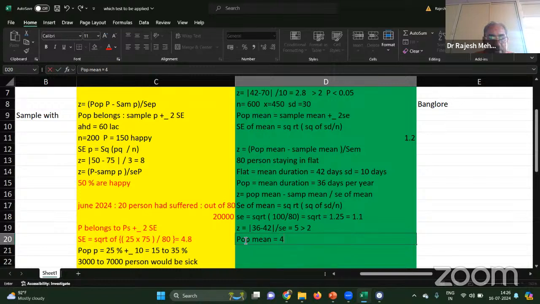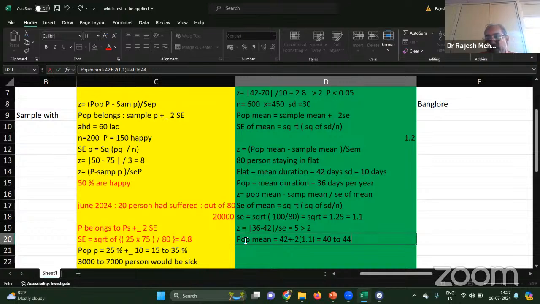Sample mean is 42 days plus minus 2 into 1.1. So roughly it will be between 40 to 44 days, if it is representative of the town. So the mean duration also you can calculate like this.